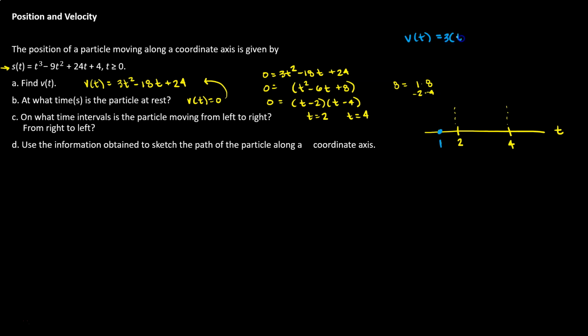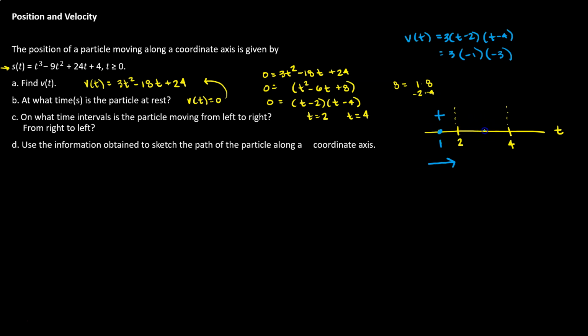So 3 times t minus 2 times t minus 4. If I plug 1 in, I'll get 3 times 1 minus 2 is negative 1. 1 minus 4 is negative 3. Two negatives multiply to be a positive. So if I use 1 in my velocity, I get positive velocity, which means our motion would be moving to the right, from left to right.